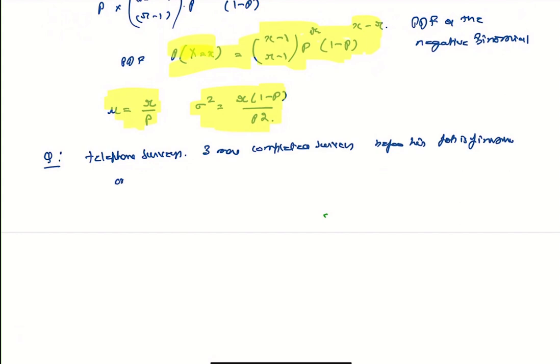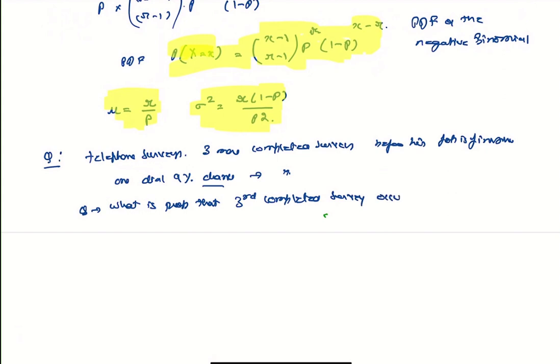In one dial, there is a 9% chance of getting a completed survey. Now the question is, what is the probability that the third completed survey occurs on the 10th trial?